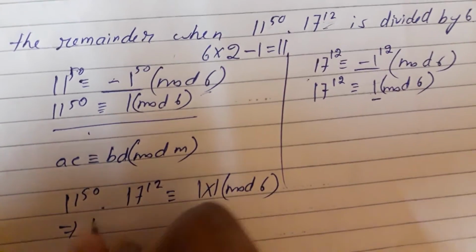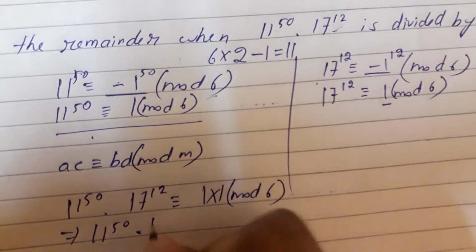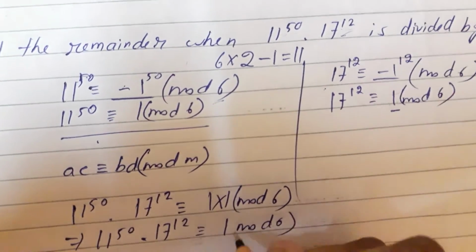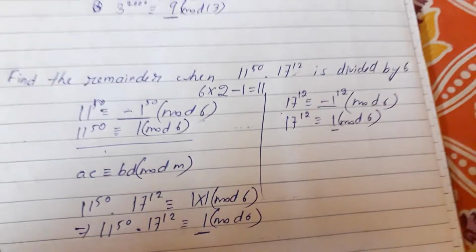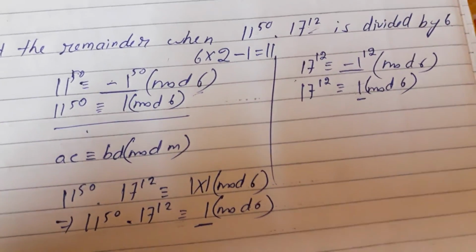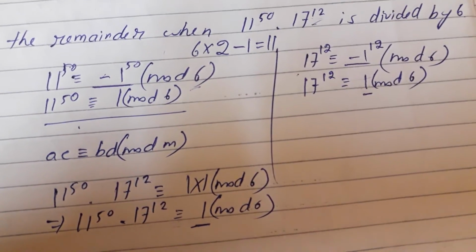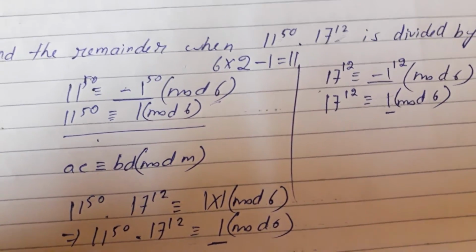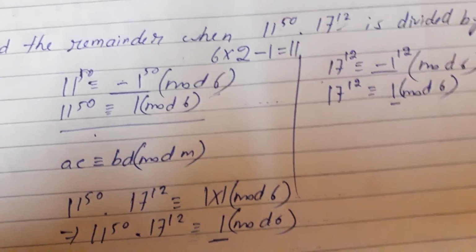So we will get 11 to the power 50 into 17 to the power 12 congruent to 1 modulo 6. See, the answer is 1. In this way you have to use the properties of congruence modulo and calculate, and you will get your answer.